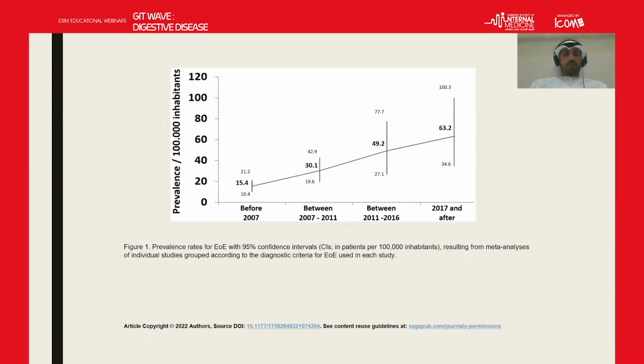Since 2007, the incidence and prevalence have been increasing. Maybe this is related to awareness. More gastroenterologists are keen to go for esophageal biopsies while investigating a patient with dysphagia.